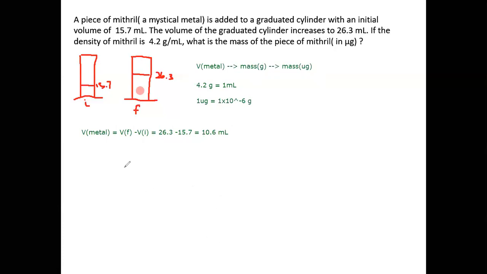So now we can set up our train track. We're starting with the 10.6 milliliters. Since we're starting with milliliters on the bottom, in the next empty train track, milliliter goes on the bottom and gram goes on top.